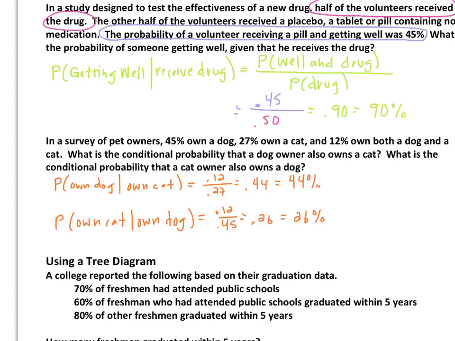And then our second question there, conditional probability that a cat owner also owns a dog, that's actually our first one that we did here. So this sentence here goes with the 26%, and this sentence here goes with our 44%.